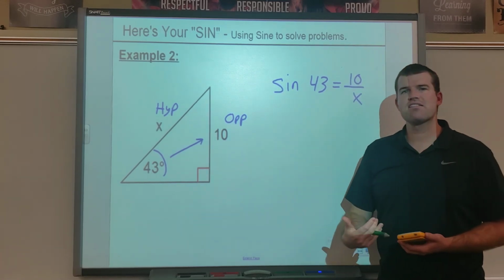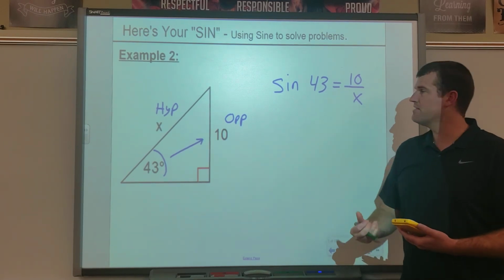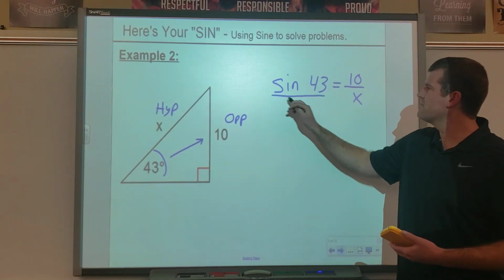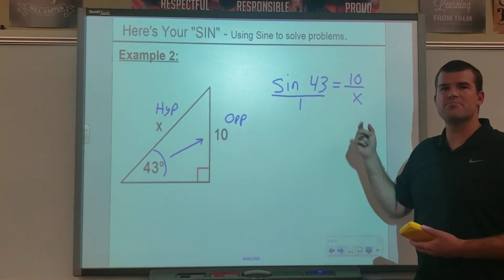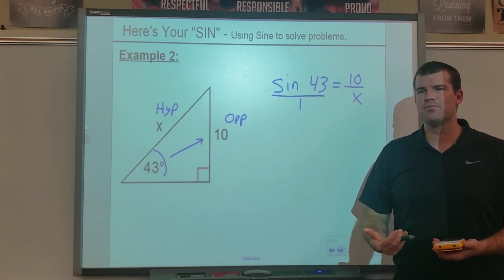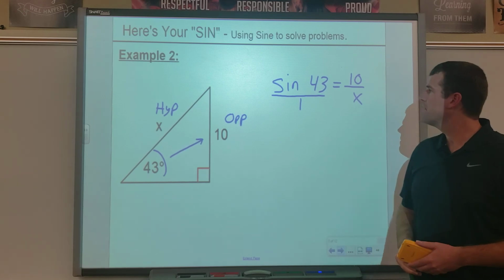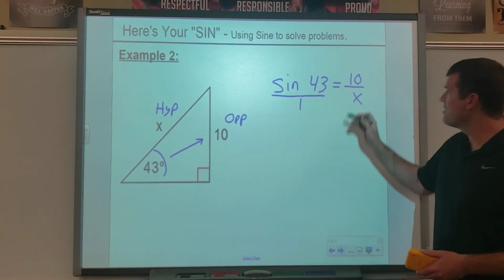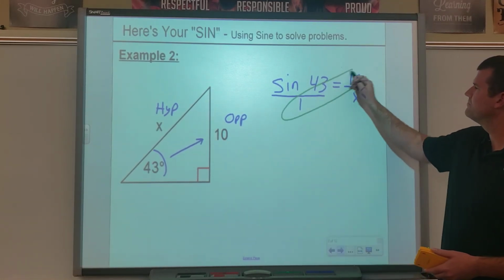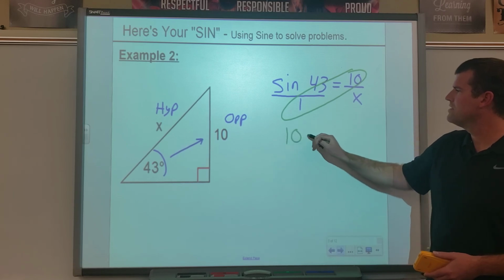So this time our x is on the bottom of the fraction instead of the top. And what you'll start to figure out is that means we're going to end up dividing at some point in this problem, whereas on the last problem we just multiplied and we were done. But anyway, as long as we can cross multiply, we'll be able to figure it out.